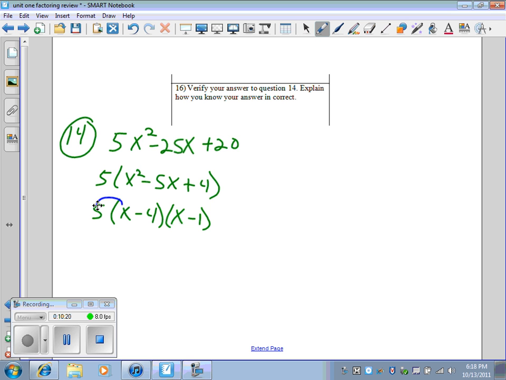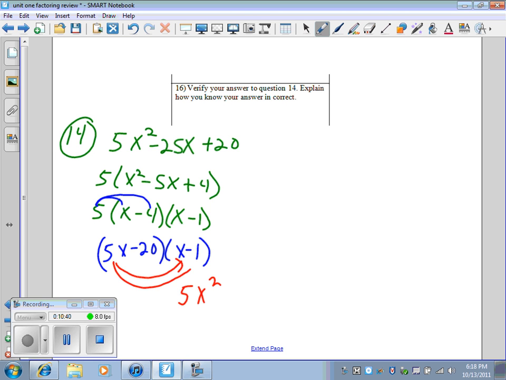You can do 5 times x, 5 times 4, which gives you 5x minus 20 times x minus 1, and then do the distributive property. 5x times x gives me 5x squared, and then 5x times negative 1 gives me negative 5x.